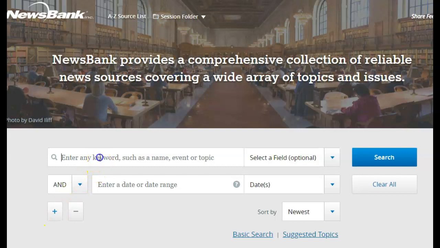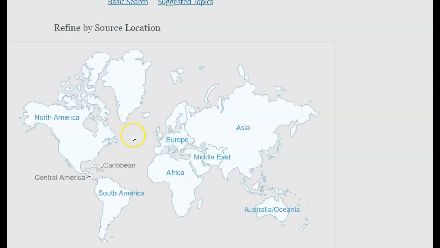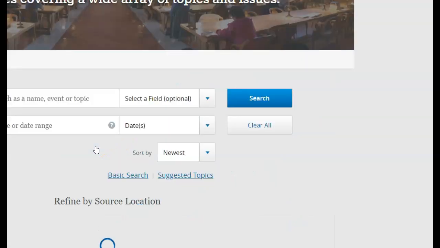So the search bar is going to be a common interface. Because Access World News deals with local news, they also offer a geographical interface so that you can narrow your searches by the geography.